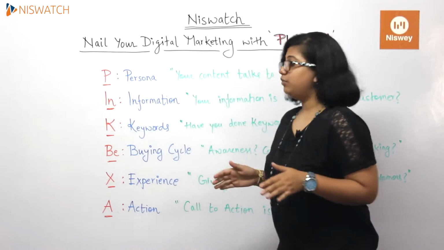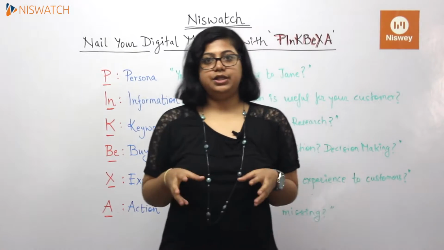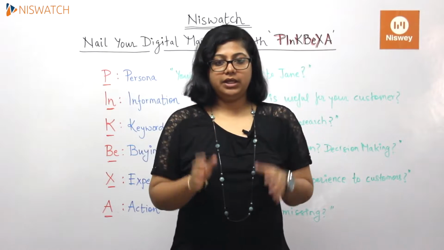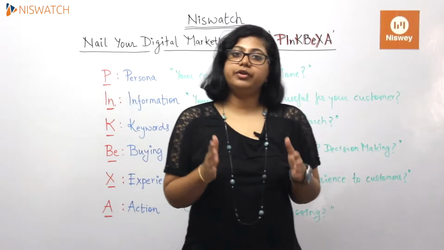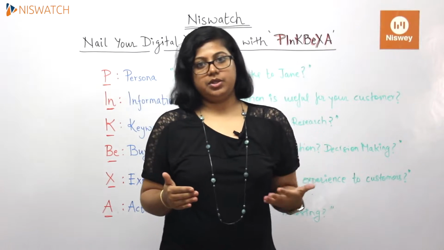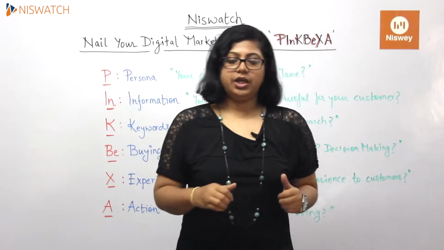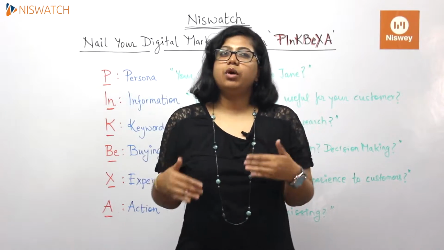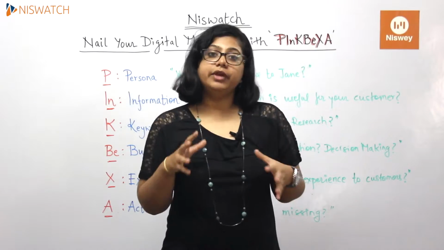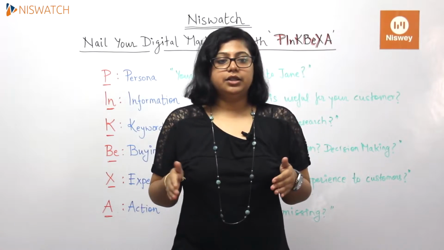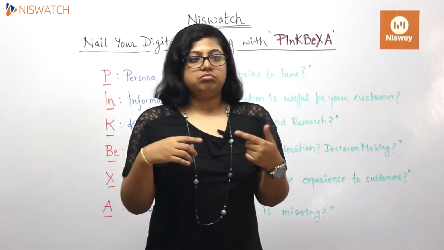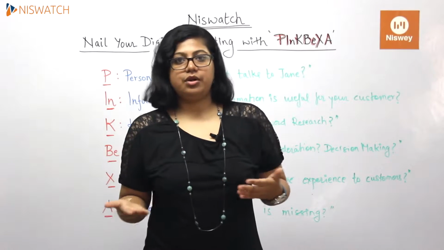The second thing that you will need to look at is information. Every piece of content that you write has to be geared towards fulfilling some sort of informational need for your target persona. Getting back to Jane, if we simply ask what kind of information she would want, you can come up with questions like, when do you outsource your app development?